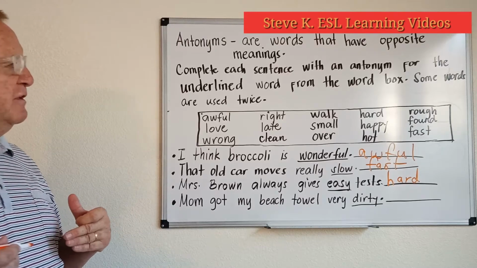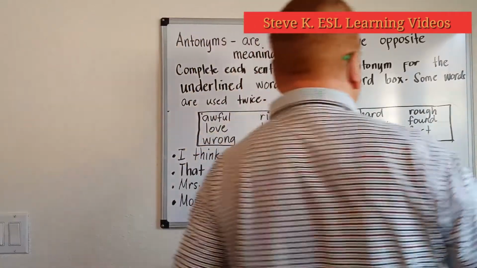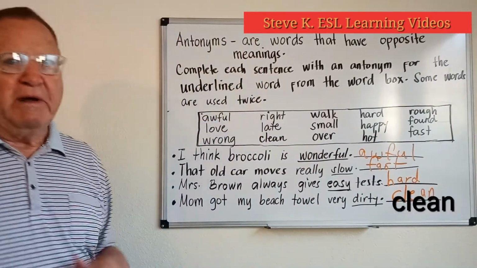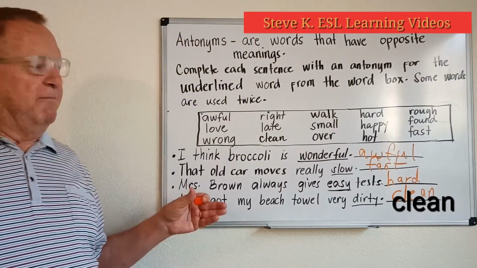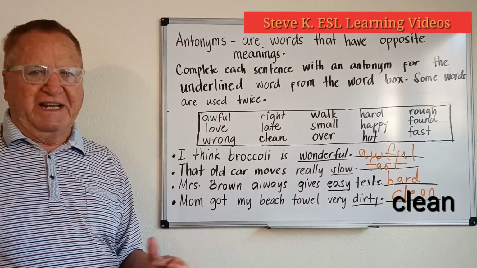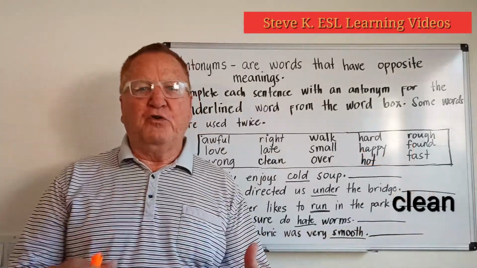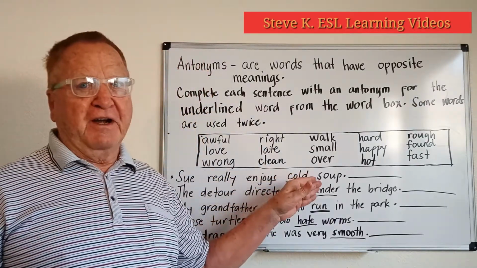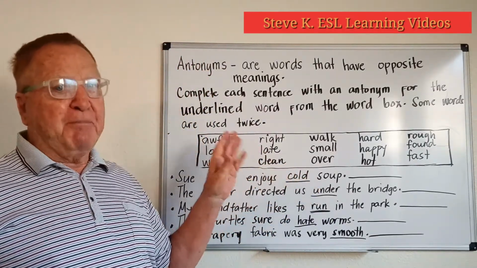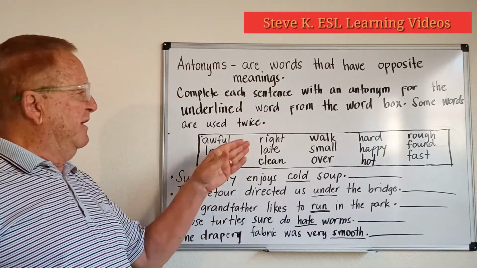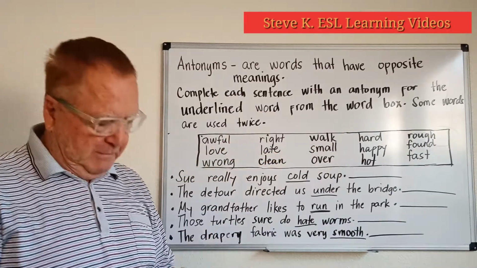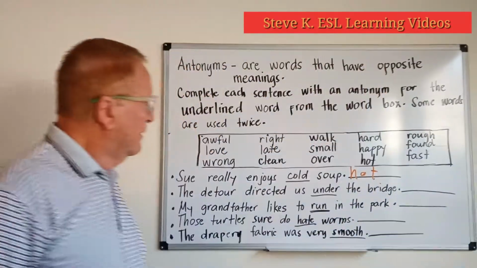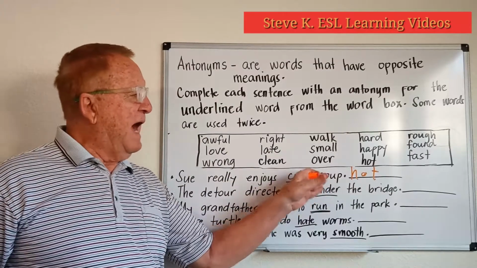It is, of course, clean, right? So it would read, Mom got my beach towel very clean. Sue really enjoys cold soup. The underlying word here is cold. So the opposite, or the antonym from the box, is hot. Sue really enjoys hot soup.